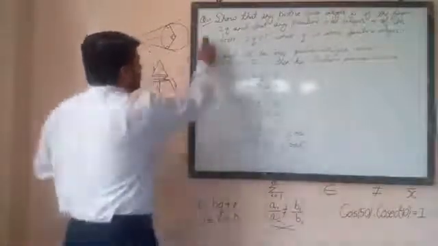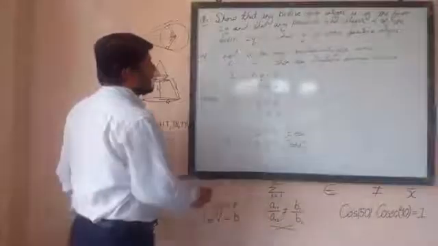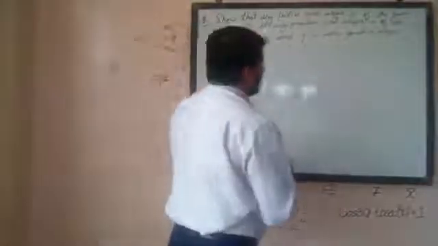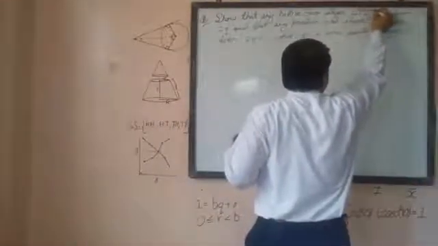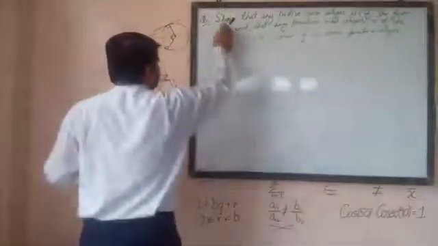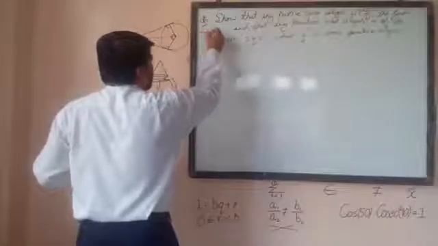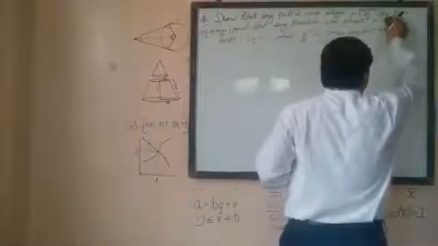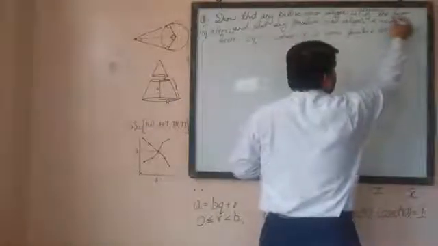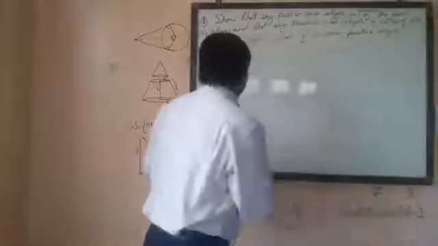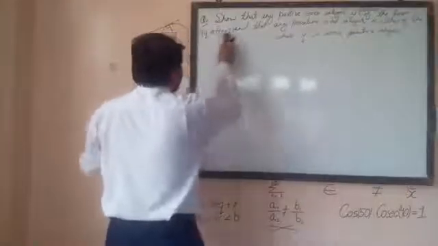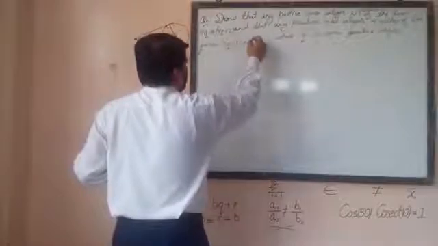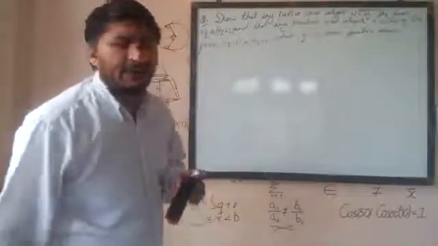So in the next question, question number 2, show that any positive even integer is either of the form 4q or 4q plus 2, and that any positive odd integer is either of the form 4q plus 1 or 4q plus 3, where q is again some positive integer.